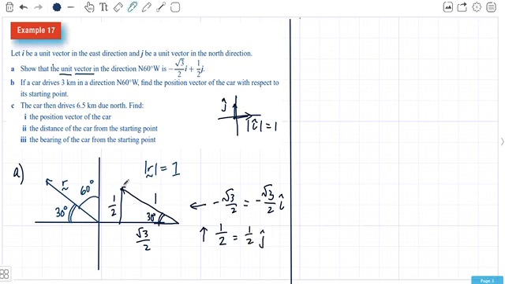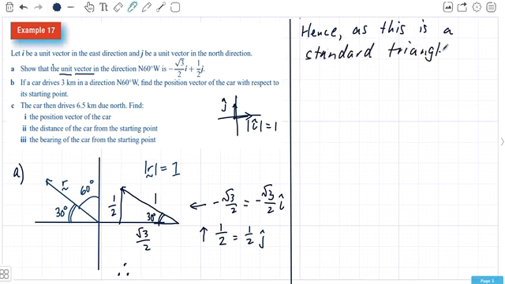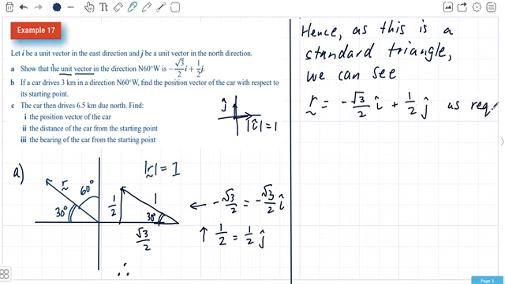So that means that to our point here, or this vector r, we can show, therefore, because of the standard triangle, and we should say there, hence, as this is a standard triangle, we can see from the diagram that r is equal to negative root 3 over 2 i plus a half j as required by the question. So it's just a standard triangle that's been hidden, that little triangle there. The key there was really identifying that that's the little triangle to use. You could use this one too, to the same effect.